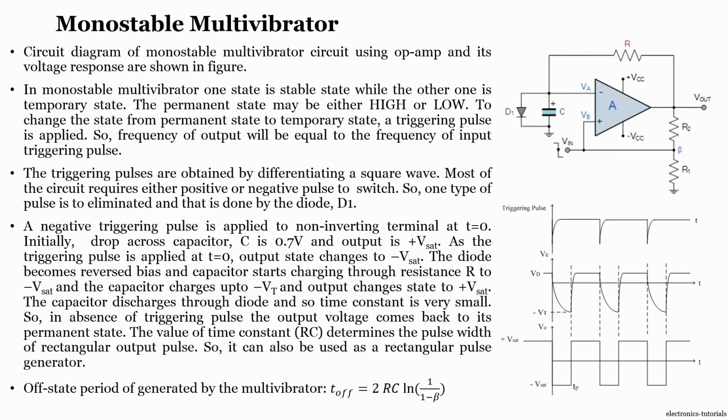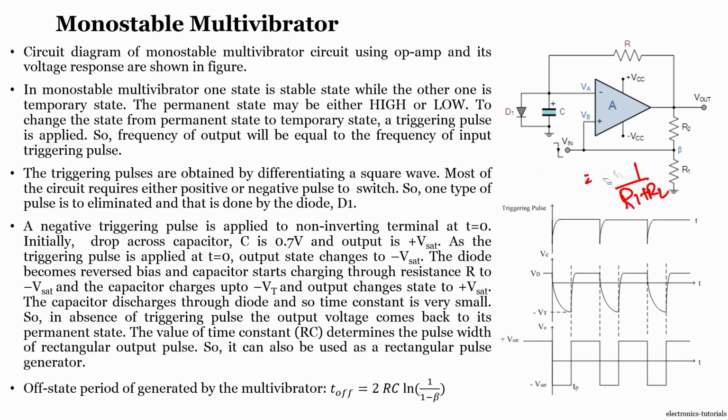So, what are the thresholds at this point? In order to go to minus VCC, the input voltage should be greater than the higher threshold value VTH. In this case, what is VTH? Beta into R1 by R1 plus R2, right. Only when the input voltage is greater than this value does it go to minus VCC.